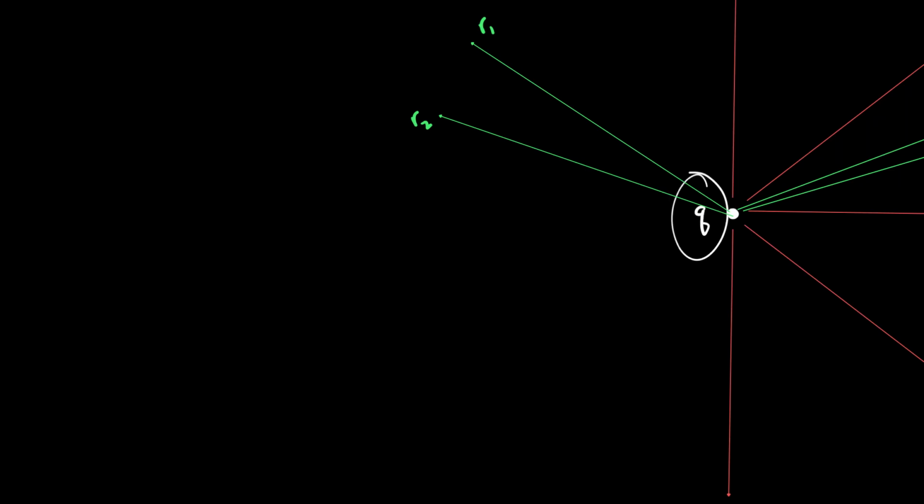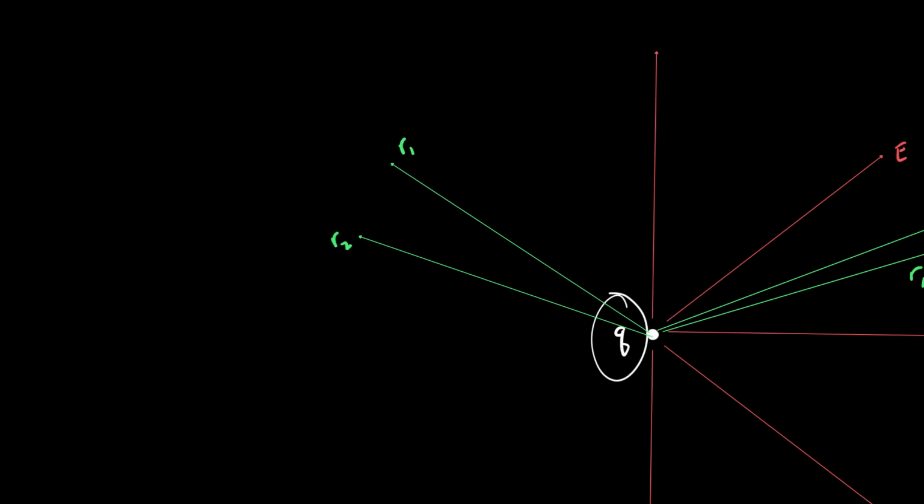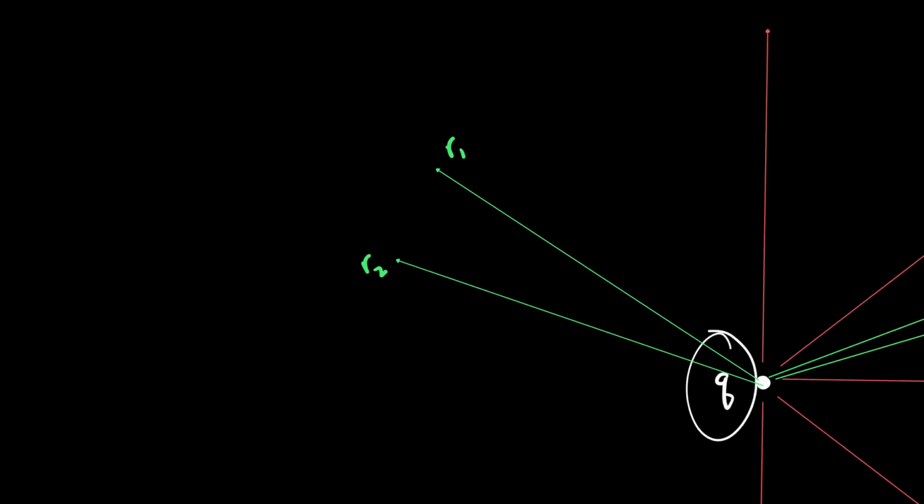But I'm going from R1 to R2 in this direction. Okay? Consider what we would be doing if we did that. The electric field would be in this direction here. But in this circumstance, dr would be this way. Right? What would that do to our dot product?